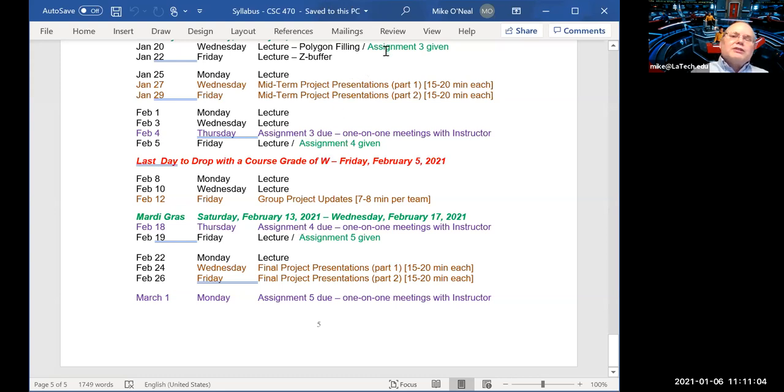So from assignment 3 being given to assignment 4 being due should be almost a month, from the 20th of January to the 18th of February. And 4 builds directly on 3, so I'm giving you guys more time there.